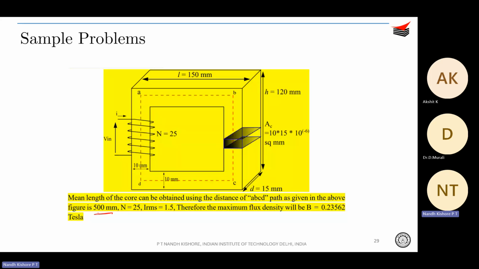So the cross-sectional area is as indicated in this figure. The D is given over here. D is 15 mm, right?